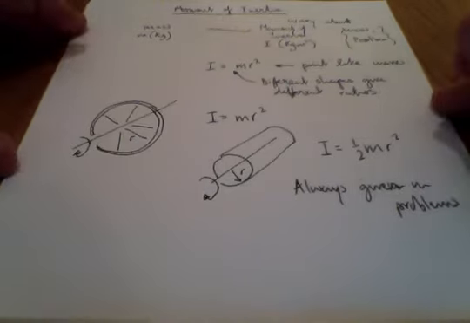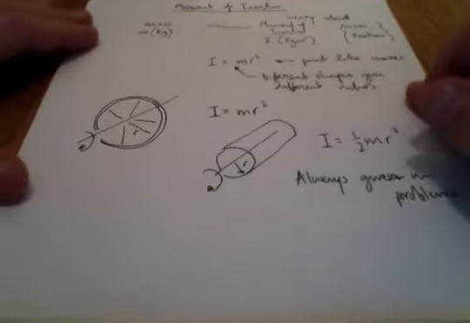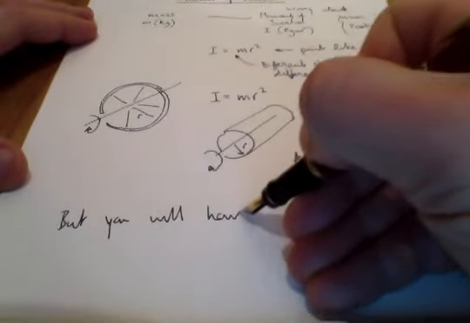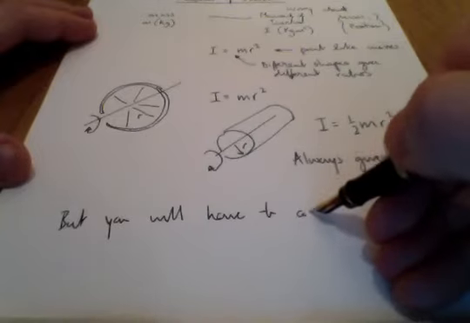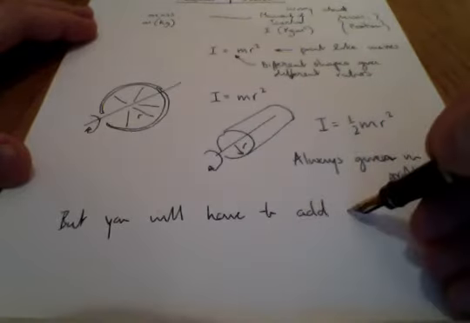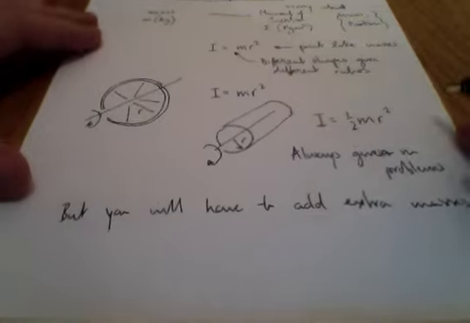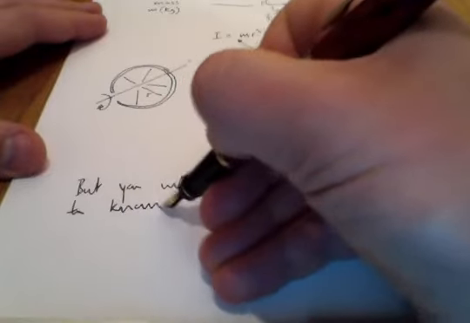However, what they might do is give you a moment of inertia and then say a mass of some sort is going to be deposited somewhere. What is the new moment of inertia? You will have to add extra masses to known moments of inertia.